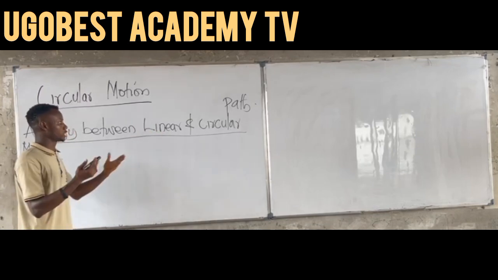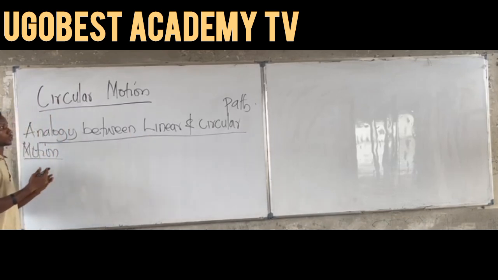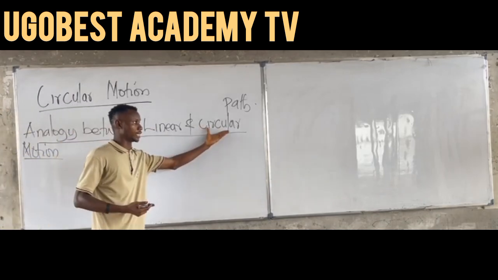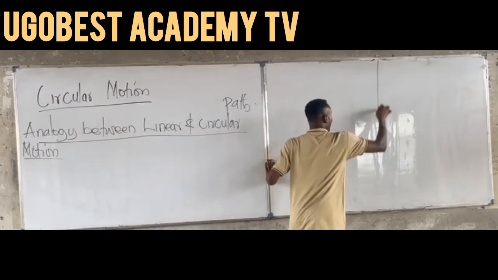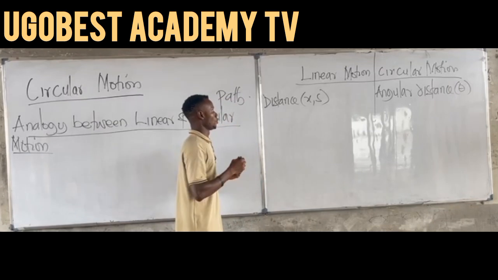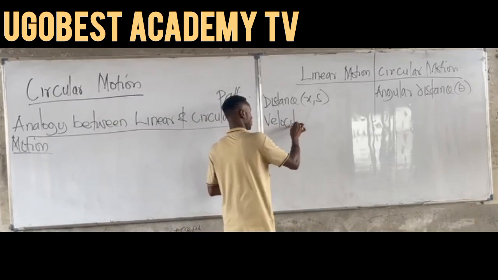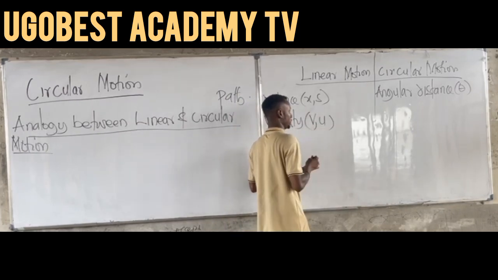We all know what linear motion is. If I say displacement, we will use x to represent displacement. So from this relationship, we can easily understand this one. Now let's get a chart here. In terms of linear, we call it velocity, and we use v or u to represent it.